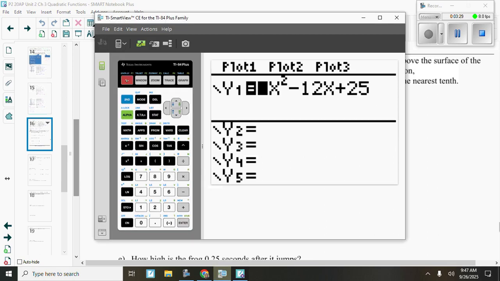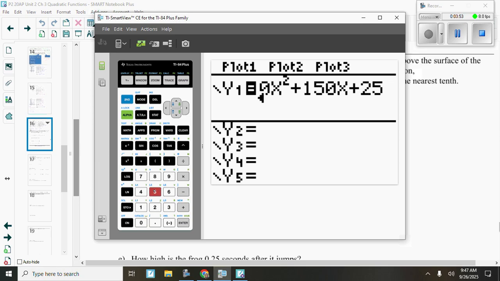So we have our function, negative 490 t squared plus 150 t plus 25. Your calculator is going to be taking x, so our t is still x in the calculator: negative 490 x squared plus 150 x plus 25.